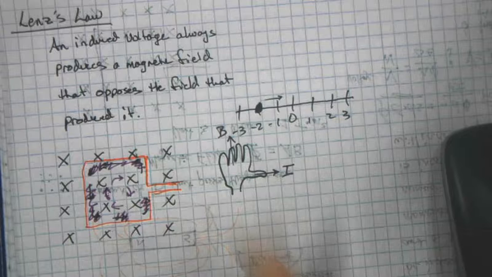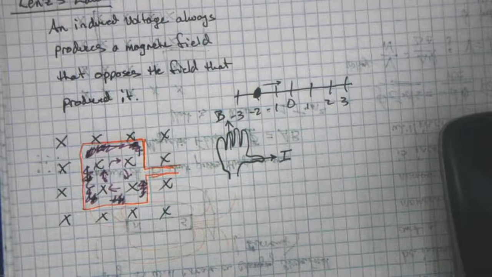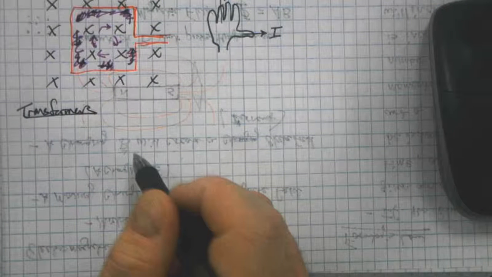Last thing is transformers. They are more than meets the eye. All right. A transformer is a device that produces a change in voltage in an alternating current.